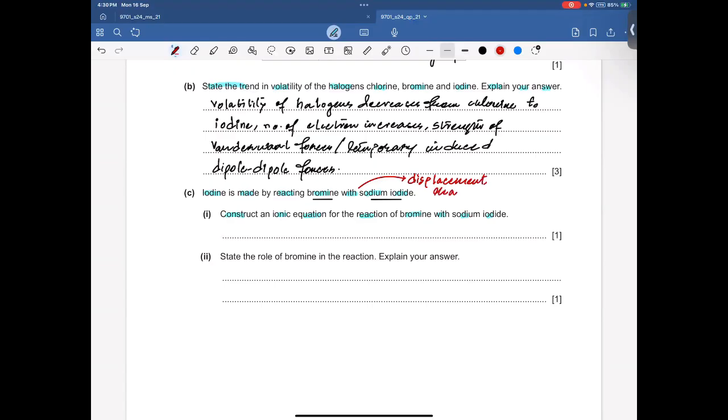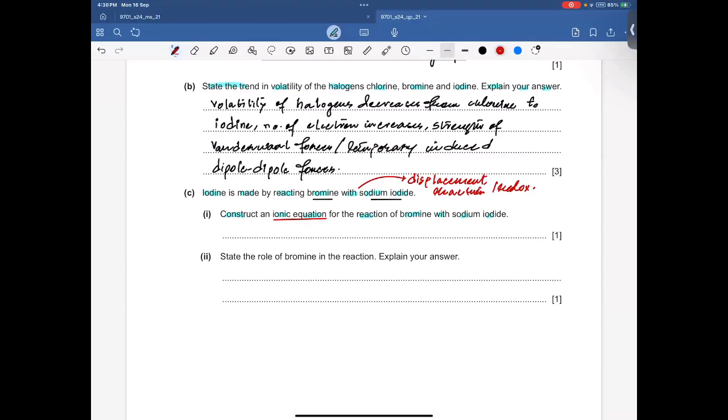Displacement reaction is also called redox reaction. Why redox? Because bromine is an oxidizing agent while iodide is a reducing agent. So we can say that it's a redox reaction. Anyhow, we need to make an ionic equation, guys. So you have to be very, very careful. Examiner needs an ionic equation from you.